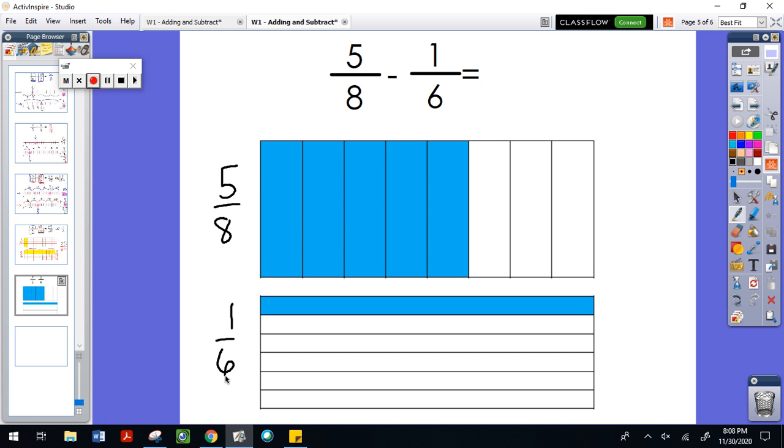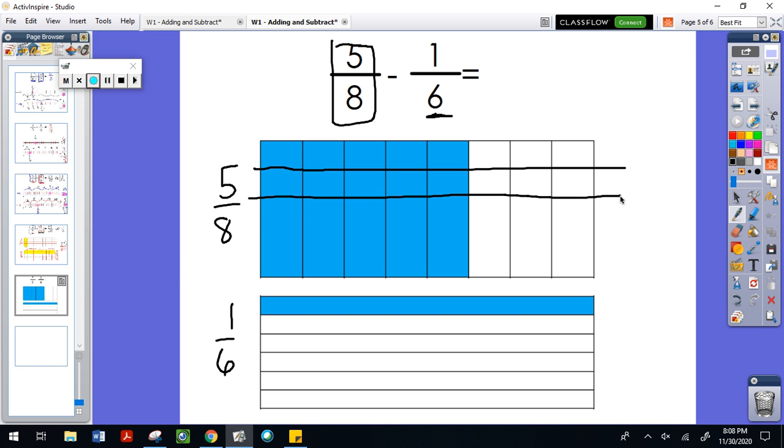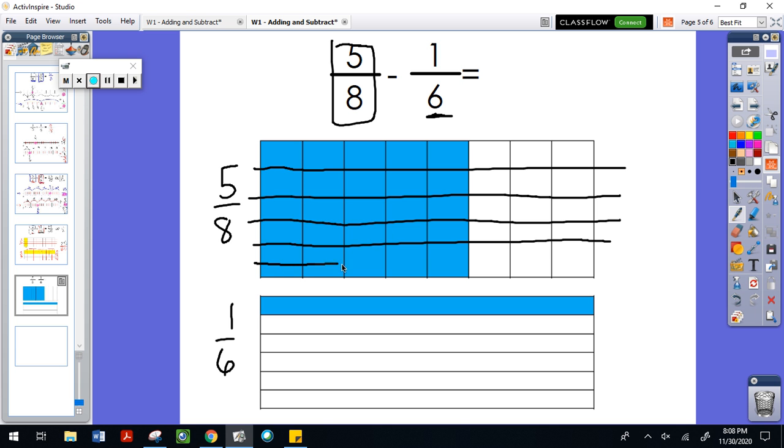And what I'm going to do is start by taking 5/8 and partition it into 6 pieces. So I'm going to go across. And again, it doesn't have to be perfect, but we want it to be close. So I've got 1, 2, 3, 4, 5, so I need one more, which is going to go right there. All right.